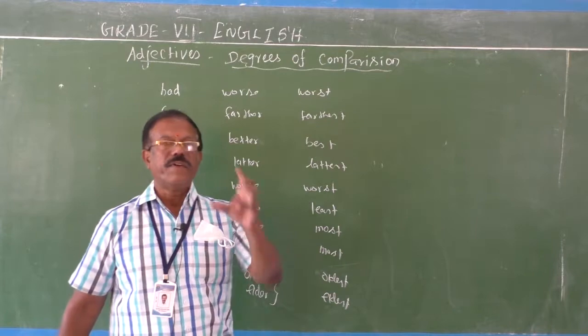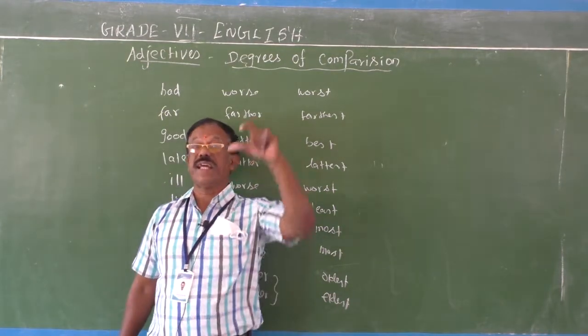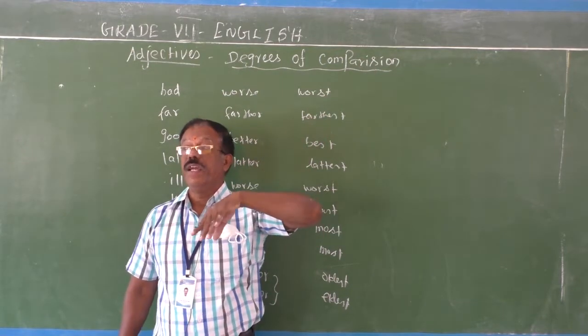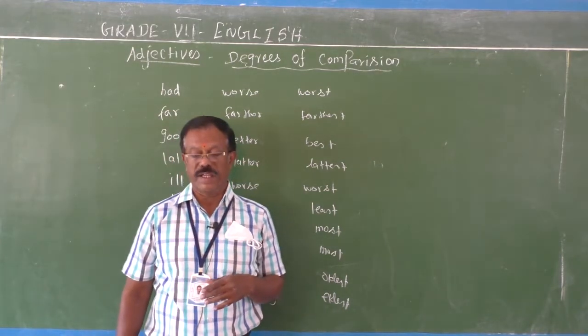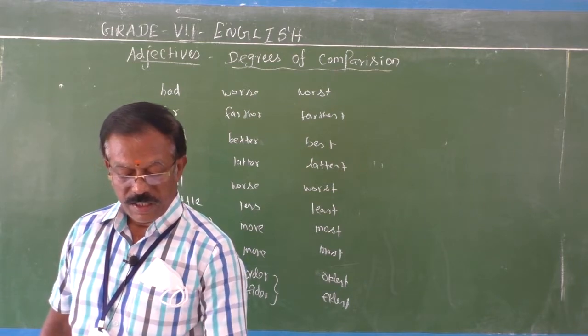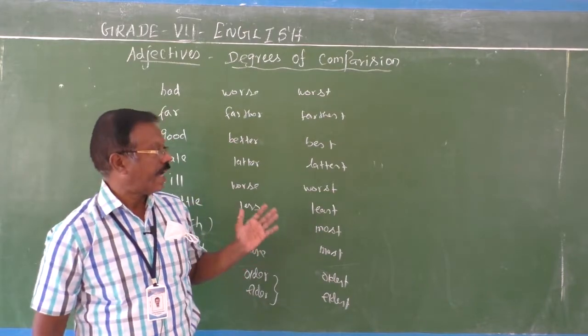And more than that, when you talk about family members, you can use the word eldest. He is the eldest in our family. But you will never say he is the oldest in our family. When you talk about the members of a society, there you can use oldest. Okay, fine. In this way, comparative and superlative forms are normally derived from the base form of the adjectives.